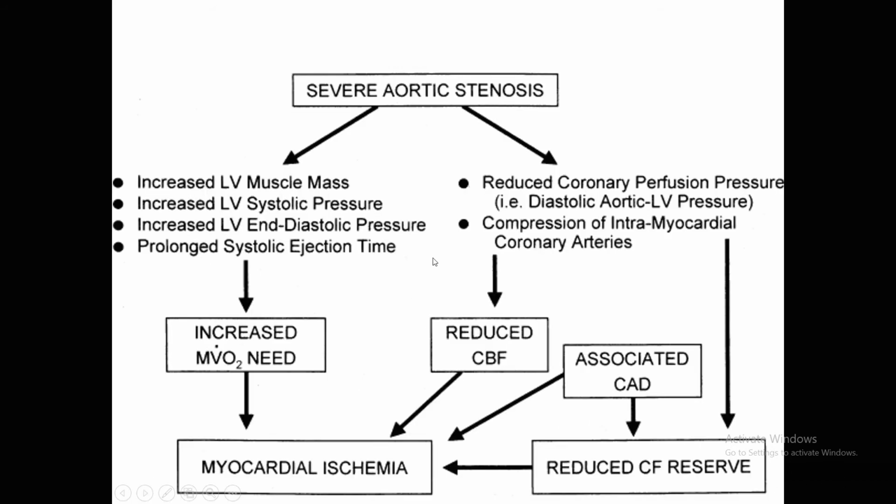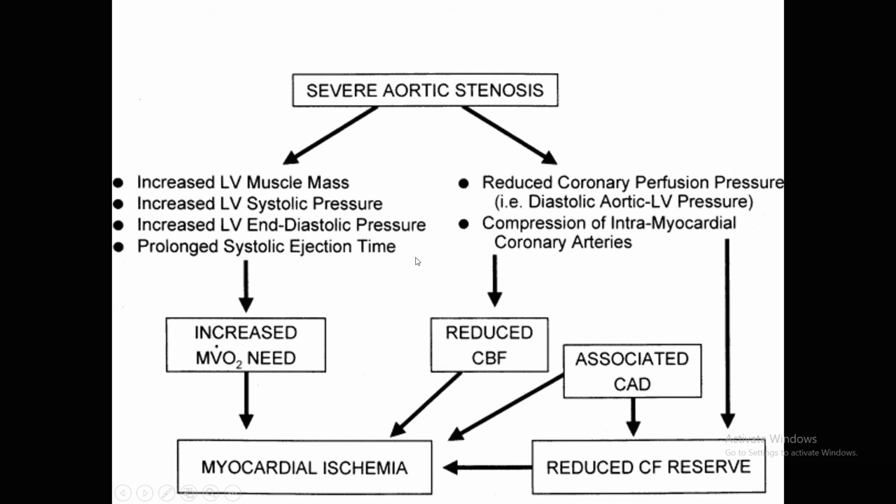Let's now summarize the changes in severe aortic stenosis. First, due to the increased afterload, left ventricular muscle mass is increasing: hypertrophy. The contraction of the hypertrophied ventricle will cause an increase of the left ventricular systolic pressure and, as a consequence, increased left ventricular end-diastolic pressure.